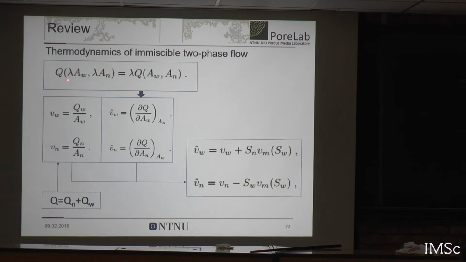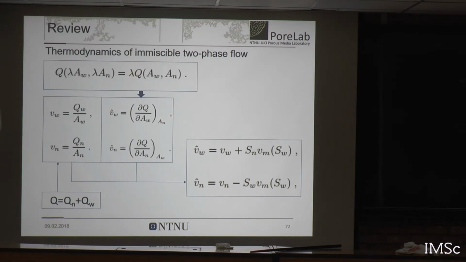And what I'm saying is that if you change the size of your porous medium, without changing the length of it, by factor lambda, that has the same effect as simply increasing the volume flow by this lambda. And then you start the machinery.